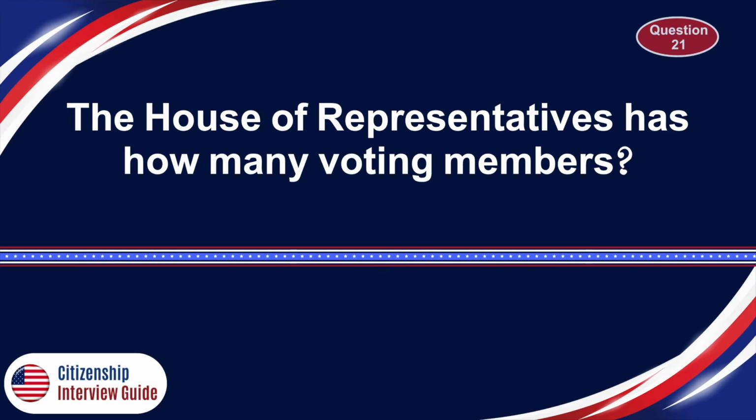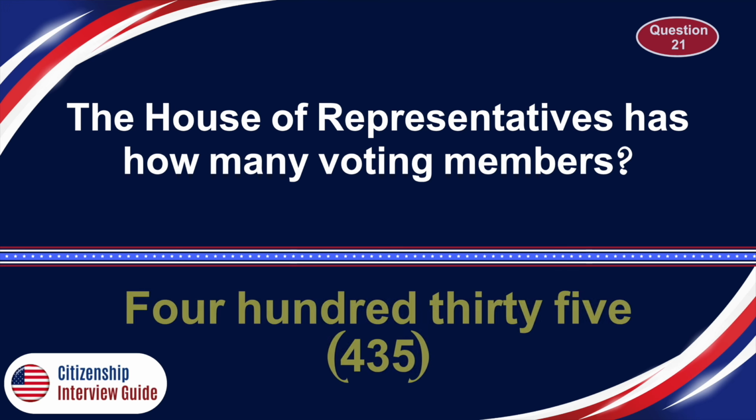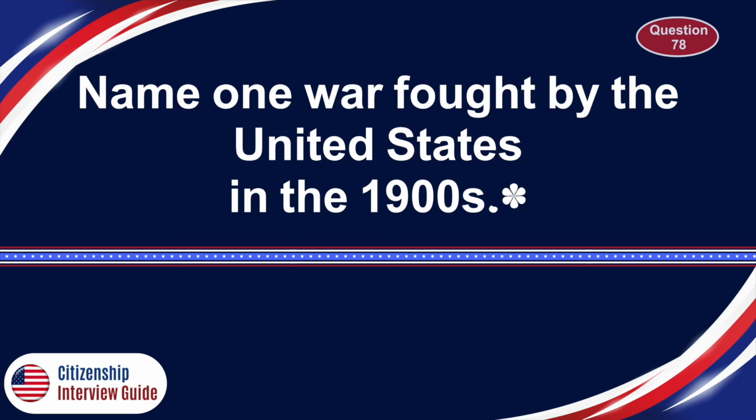The House of Representatives has how many voting members? 435. Name one war fought by the United States in the 1900s.